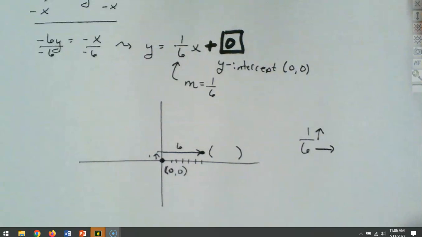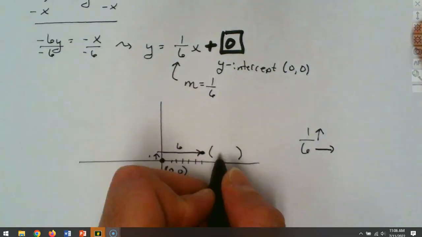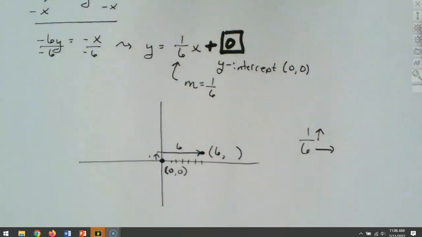So this one's actually easy to work with. I'm at 0, 0. X goes first, so what am I doing? I'm at 0 on the x-axis. I'm going to add 6, so that makes it a 6 there.